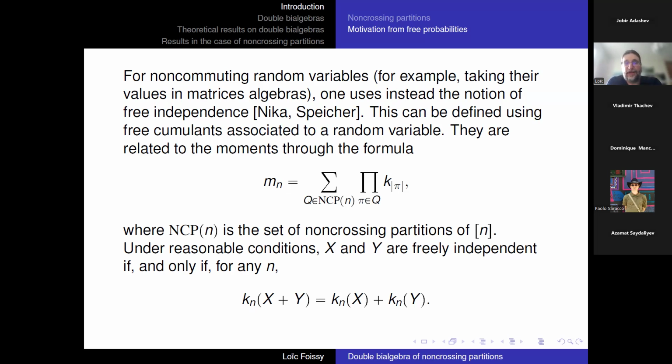And under reasonable conditions, so this means that at least the moments should exist for all n, then x and y are freely independent if and only if, for all n, the nth cumulant of x plus y is the sum of the nth cumulant of x plus the nth cumulant of y. So in free probability, non-crossing partitions really appear like this, with this relation between cumulants and moments.